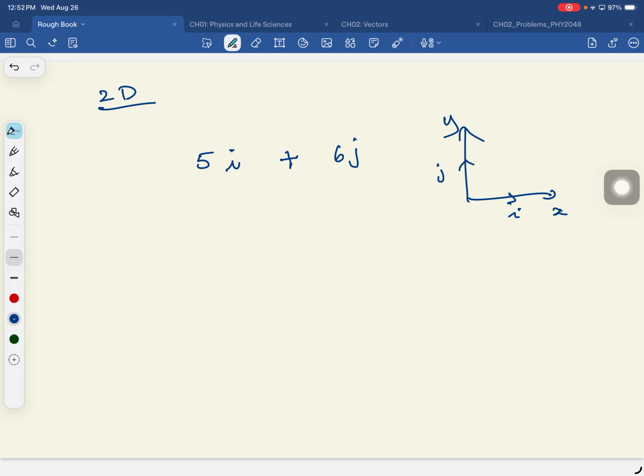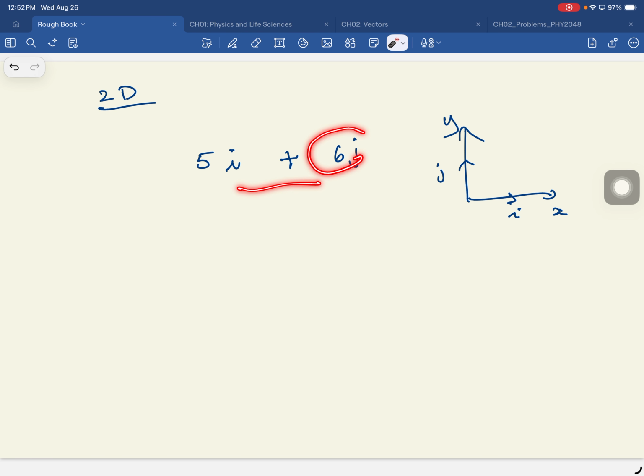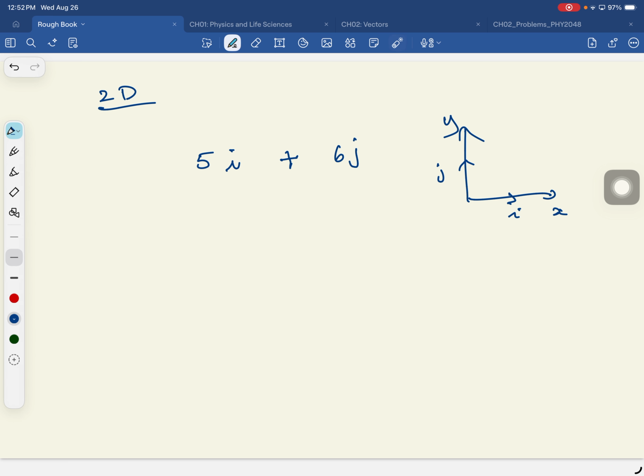Can you do this? This is a vector. This is a vector. You know how to add vectors. Okay, so let's do that. So there is 5i and there is 6j.